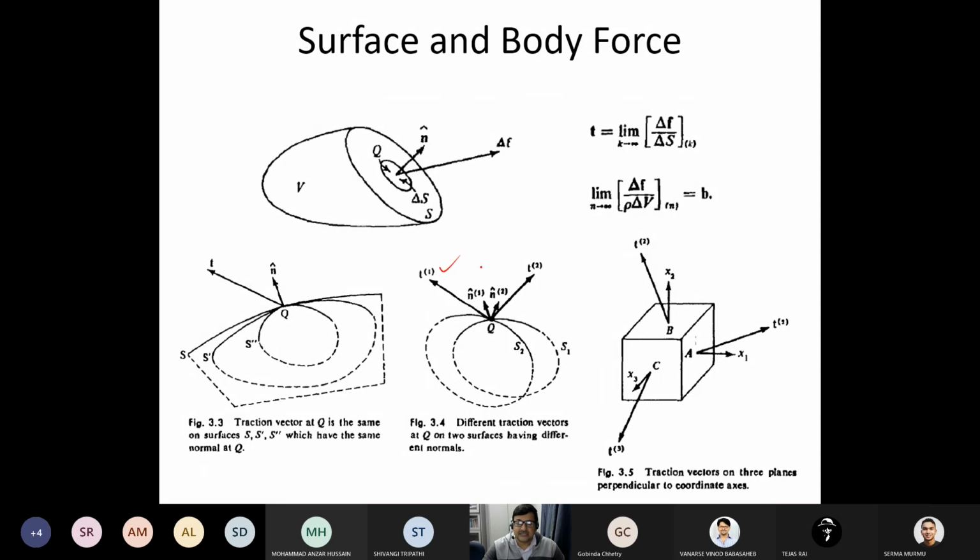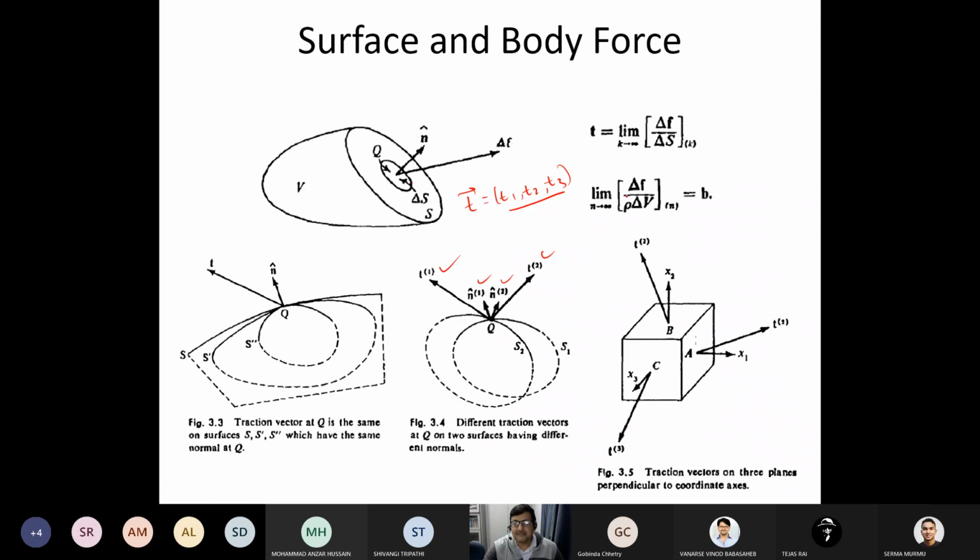This traction vector has three components, say T1, T2, and T3. These are the three arbitrary directions in which the force can be applied on a surface.